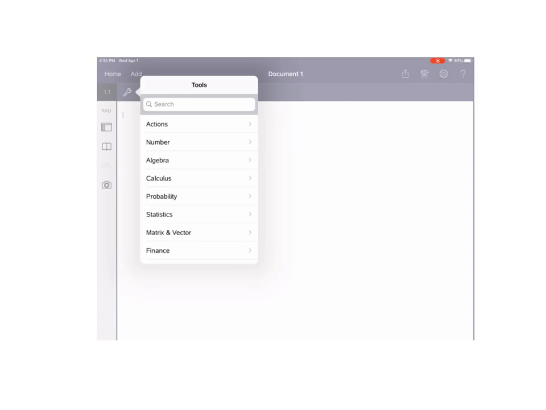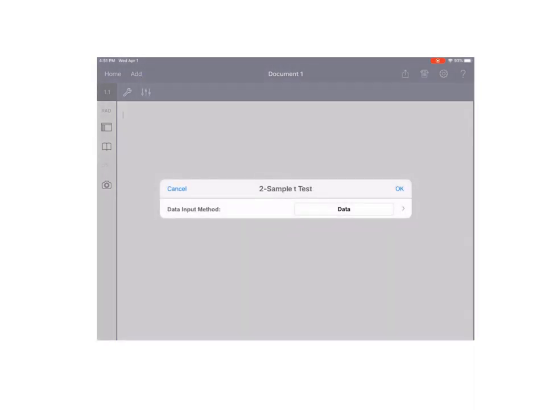I'm going to go ahead and select Statistics, Stat Tests, and then the 2-sample t-test. Data input method here, it's not the data. We need to select the stats option because we have the summary data from the samples.